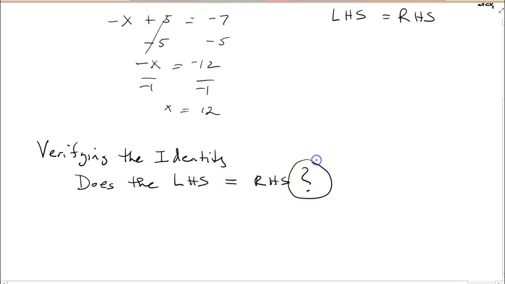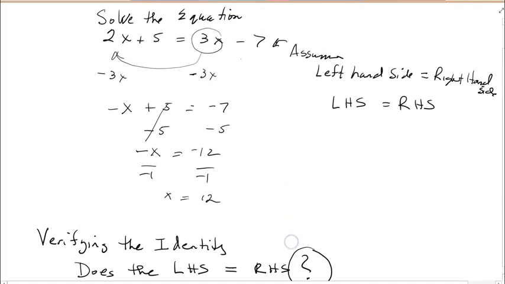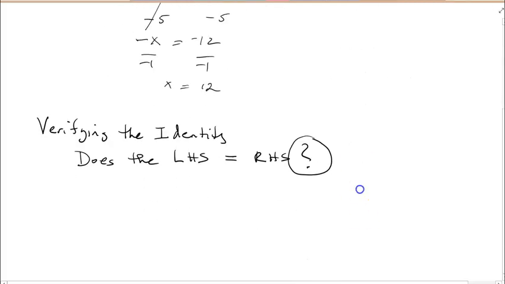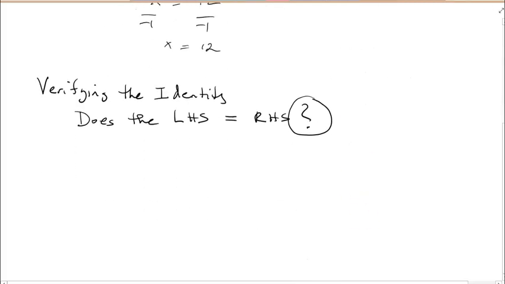And that is a big question mark. And because we cannot assume they are equal to start with, we cannot apply these properties. We can't just move one term over to the other term. We've got to be very careful to only manipulate the right-hand side and only manipulate the left-hand side, until we get them equal to each other.